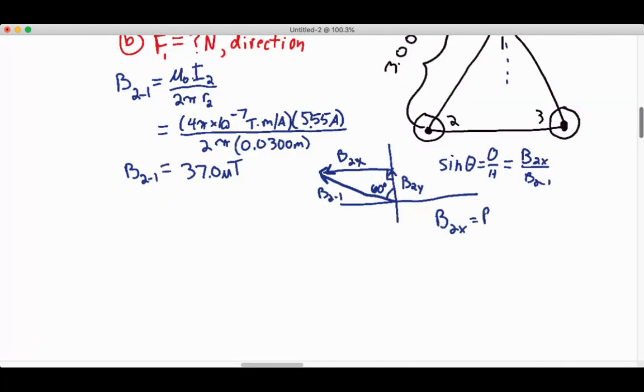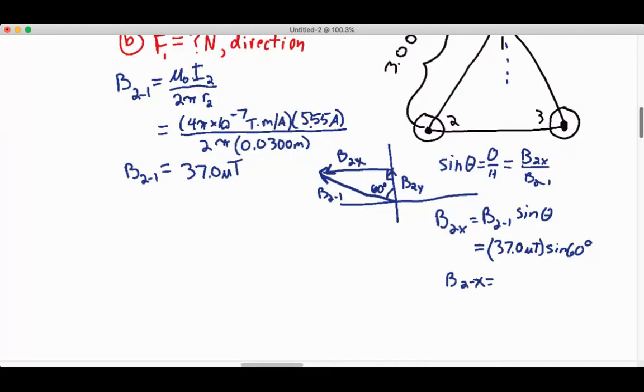So what this means is that B2X is going to be equal to B21 times sine theta. So that's going to be 37.0 microtesla times sine of 60 degrees. And we're going to end up with B2X.